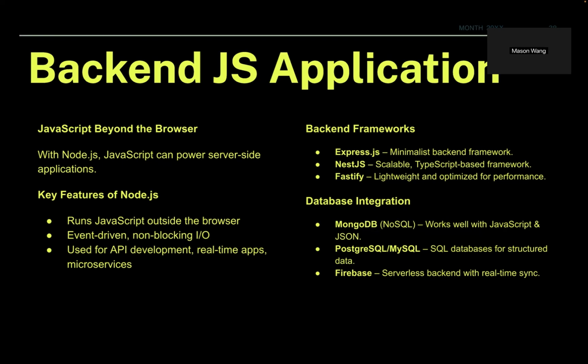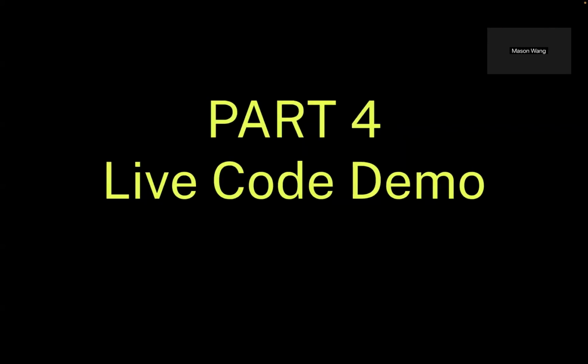Also for database integration, you have different options like MongoDB, which we discussed in part two, also PostgreSQL, MySQL, or Firebase, something like that. So yeah, that's basically everything about the deep dive part of JavaScript. And now we're going to do a live code demo where I'm going to show you how to make a simple front end, back end application using JavaScript.